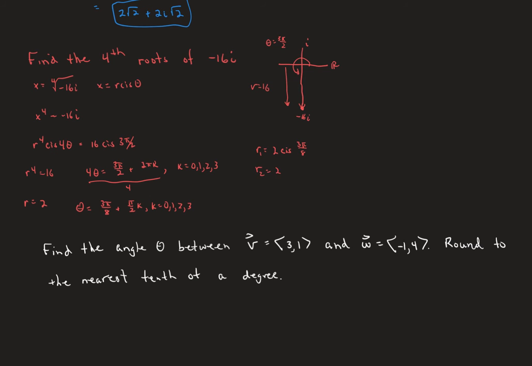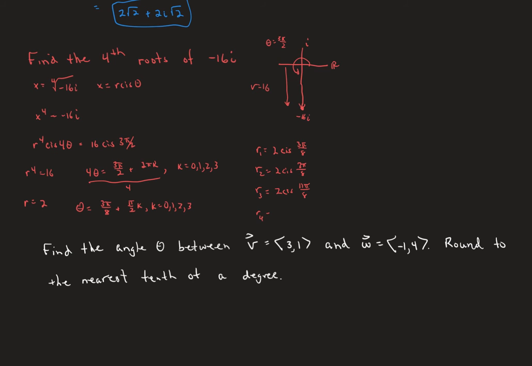Our next one is 2 cis. If we add pi over 2, which is 4/8, that will be 7 pi over 8. Our third one, adding another 4/8, is going to be 2 cis 11 pi over 8.